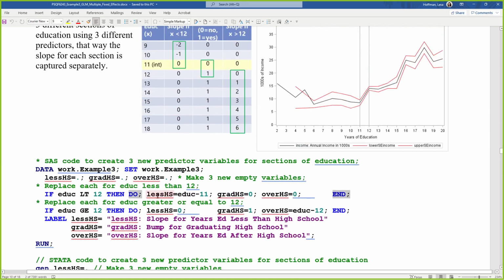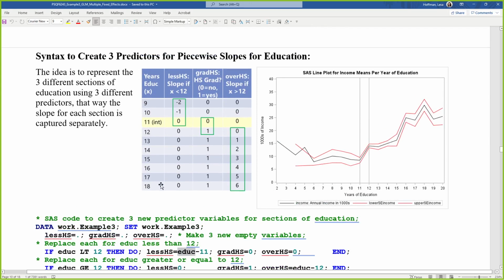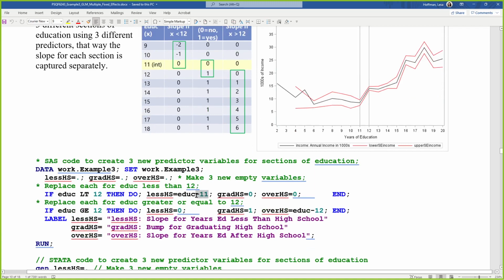So if we have less than high school, or less than 12, excuse me, then less than high school is the original variable for education, the column on the left-hand side here, minus 11. So I'm not writing out a separate statement for every possible value. I'm using this function.